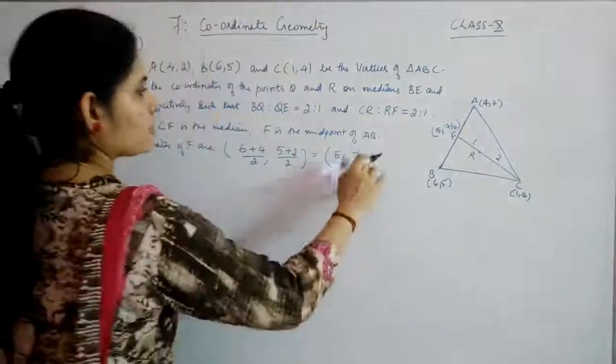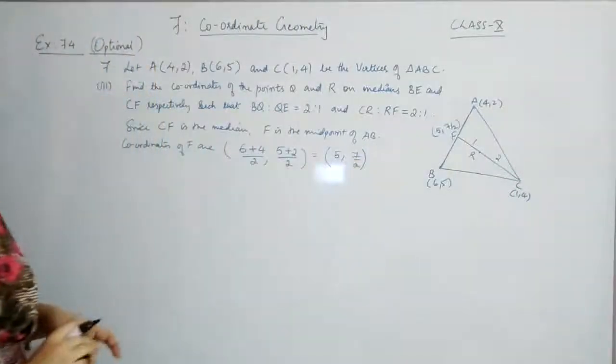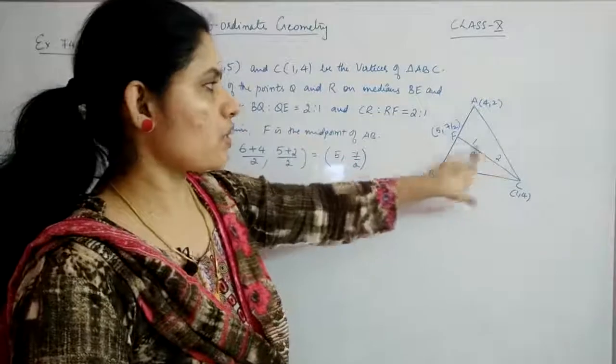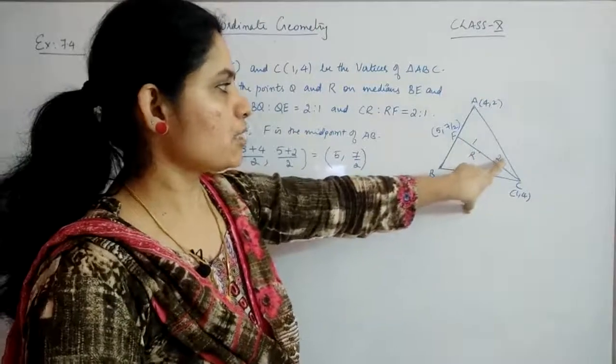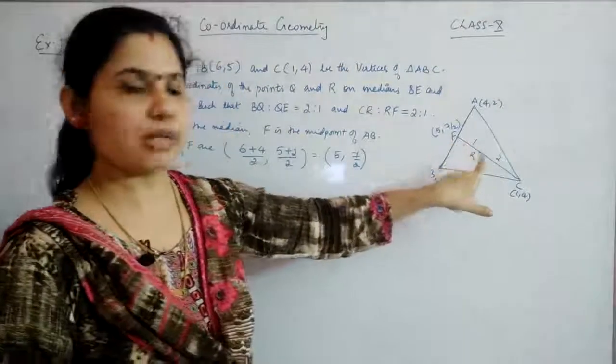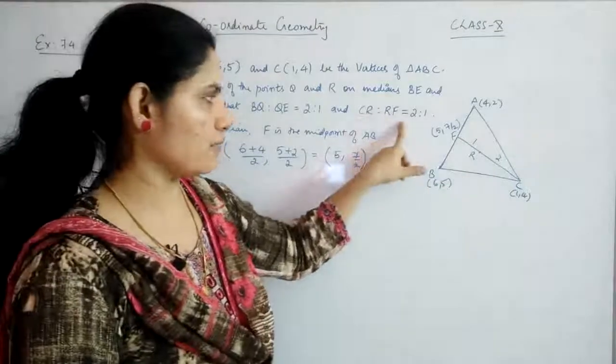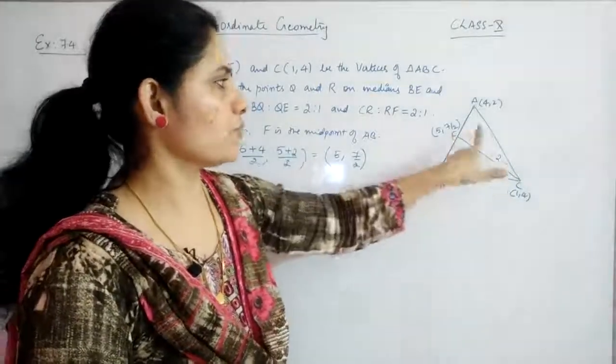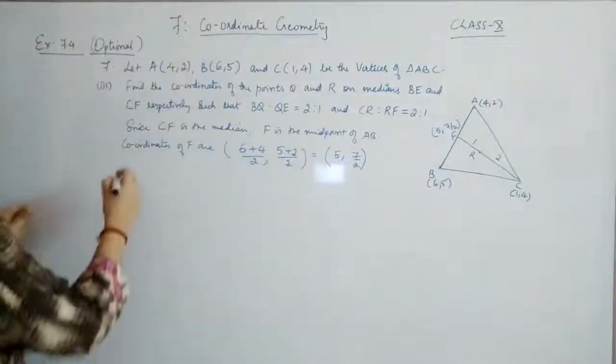Okay. Now in order to find out what is R, again the ratio is given as CR is to RF. We are taking any point on CF and the ratio is given to be 2:1. This ratio should be in the same order which they have been given in the question, that is CR is to RF should be 2:1. Okay.